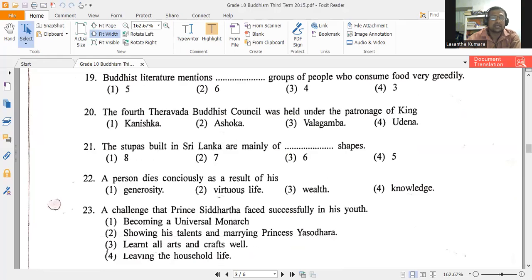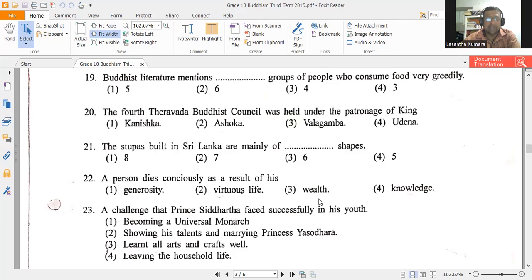That is, the person dies consciously as a result of his... So at the moment of an individual's death, if somebody dies consciously with a clear mind, with a clear understanding, as a result of what factor can a person have a peaceful death?